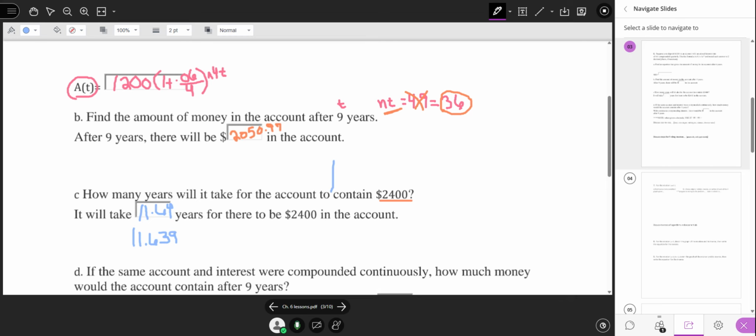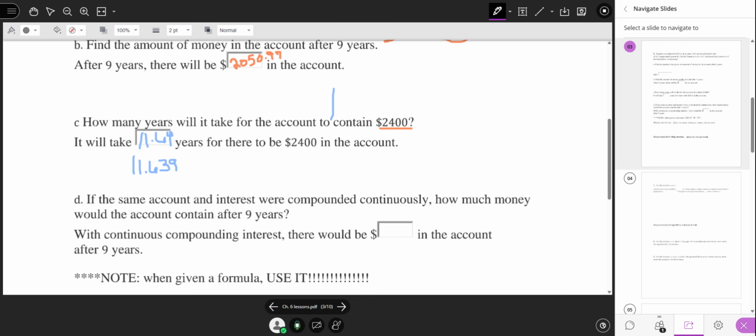Now, the last part: continuous compounding. A equals PERT.